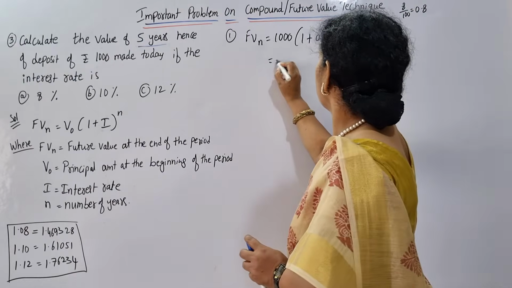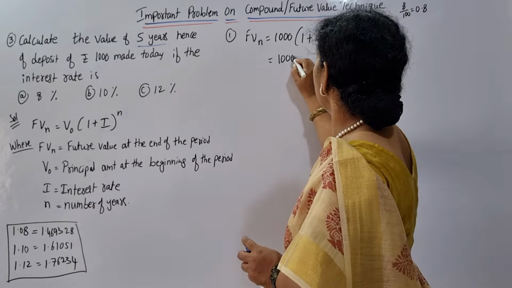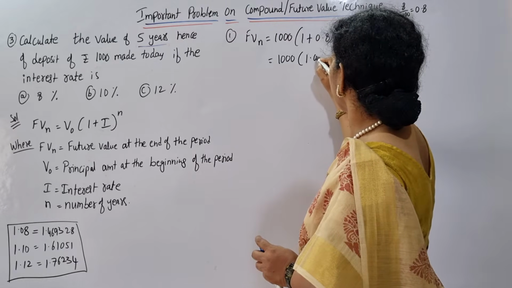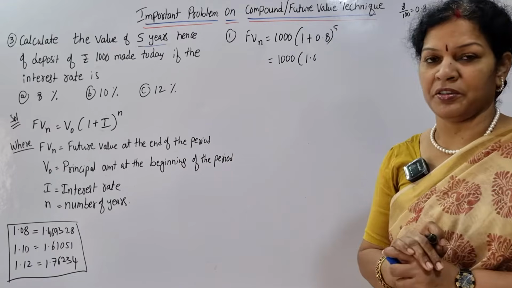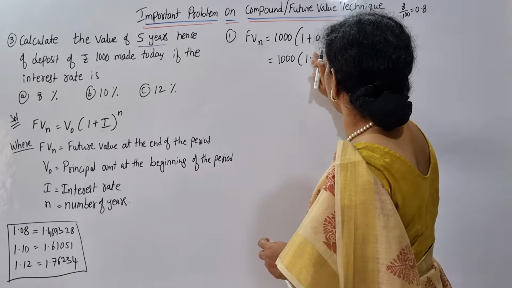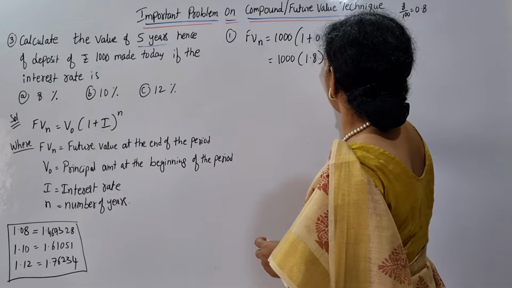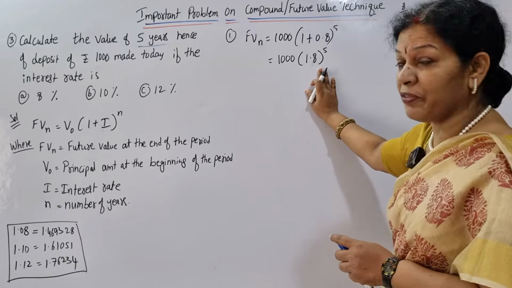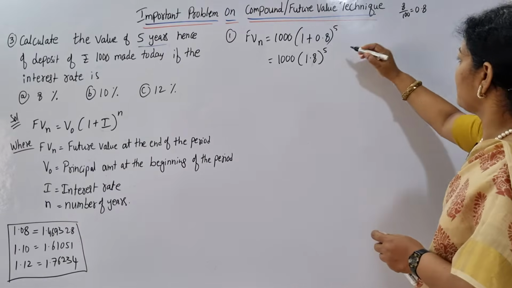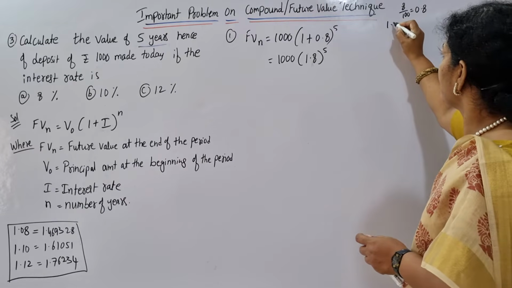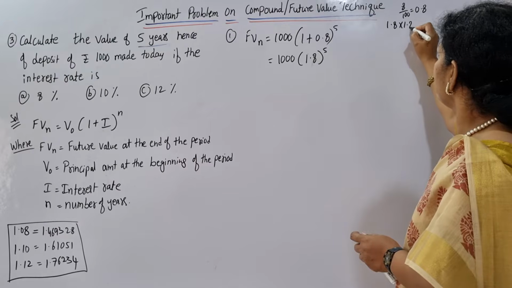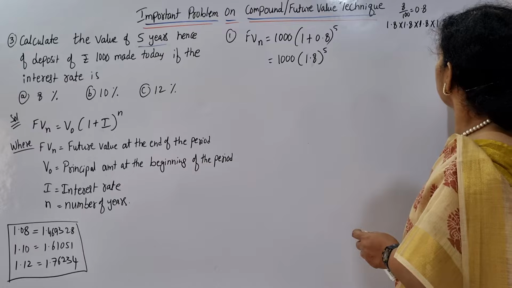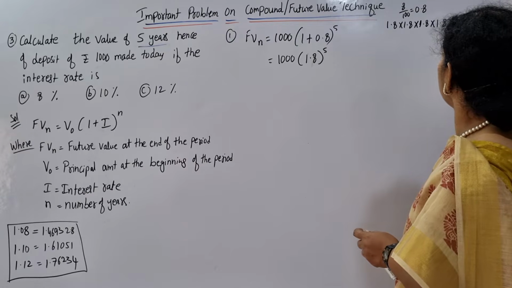So what we are going to do: 1000 into 1.8, 1 plus 0.8 comes to 1.8, to the power of 5. 1.8 to the power of 5. If we calculate it like this, 5 times we have to calculate, right? So 1.8 into 1.8 into 1.8 into 1.8 into 1.8.